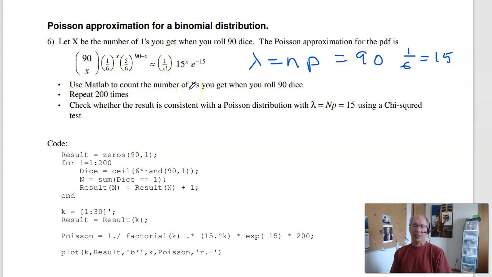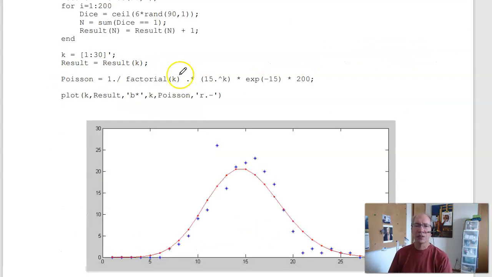Are they the same? Well, let's do a chi-square test and find out. I'm going to roll the dice 200 times, find the number of times I got 0 ones, 1 one, 2 ones, 3 ones, compare to this, that's predicting how many times you should get 0 ones, 1 one, 2 ones, 3 ones, and see if the two are consistent. So the first step is to collect some data.